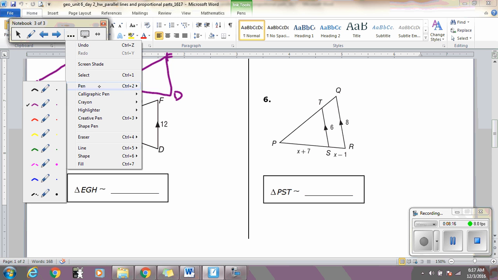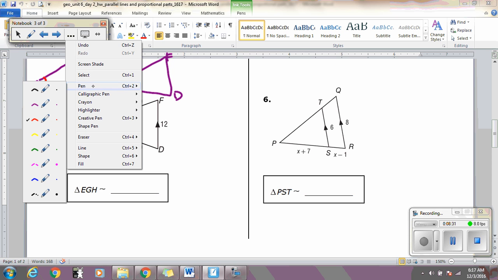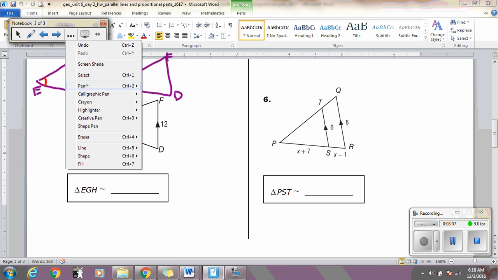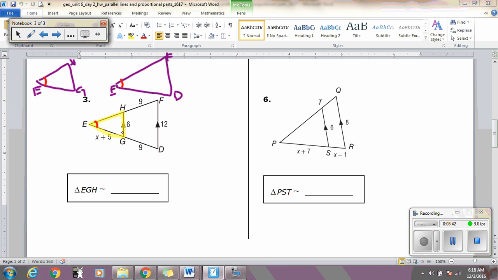Also, let's mark up the angles that are congruent. So since E is in both triangles, that automatically makes it congruent with itself. Then you see parallel lines again. But in this situation, we have congruent angles G and D, but those are corresponding angles.